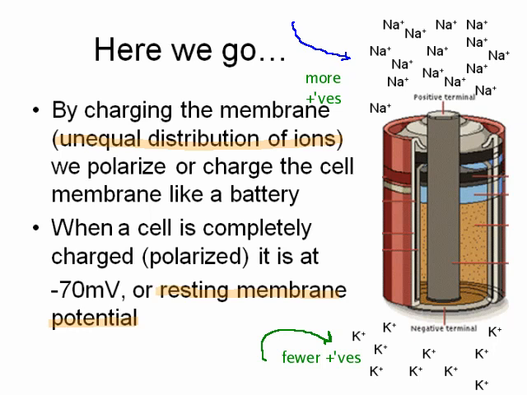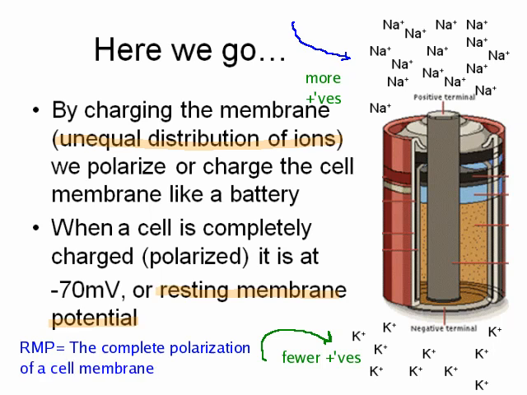Resting membrane potential is the complete polarization of a cell membrane. All right? Resting membrane potential, RMP, is the complete polarization of a cell membrane. Mathematically, we define that as negative 70 millivolts.